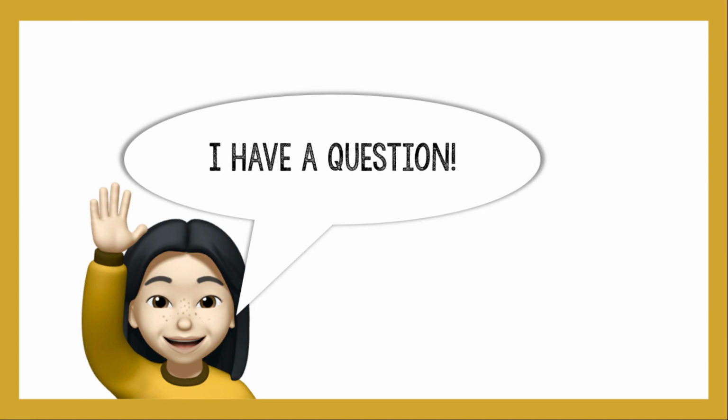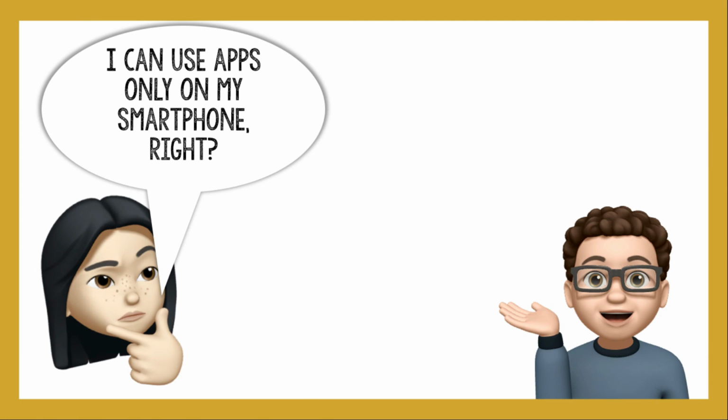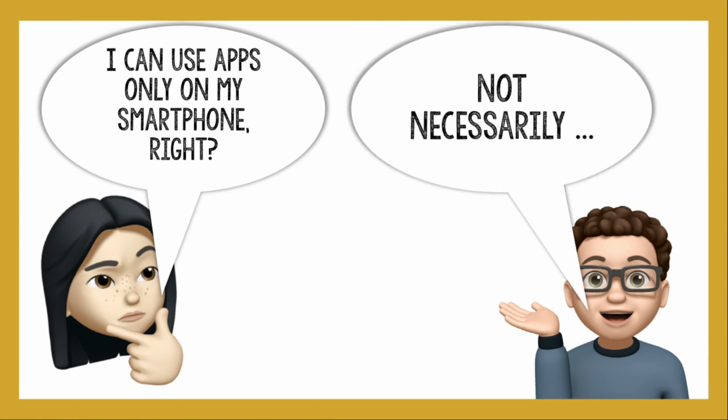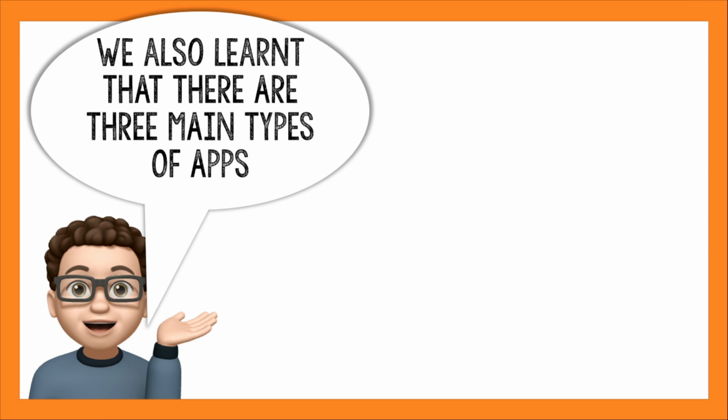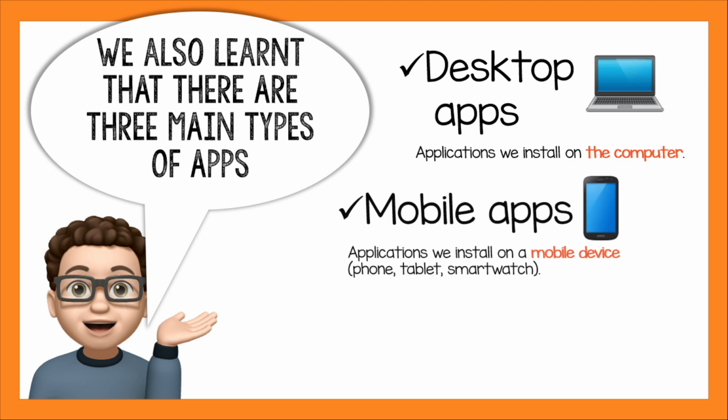I have a question. I can use apps only on my smartphone, right? Not necessarily. We also learned that there are three main types of apps. There are desktop apps, which are the applications that we install on the computer.